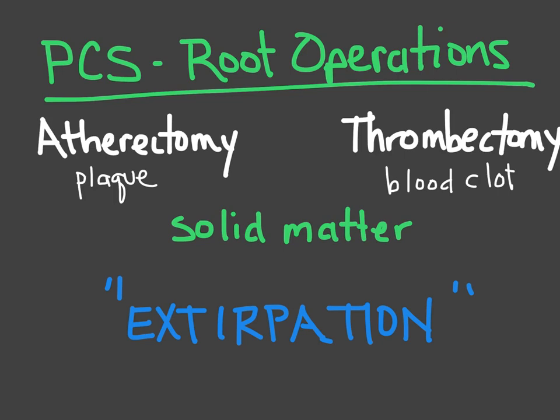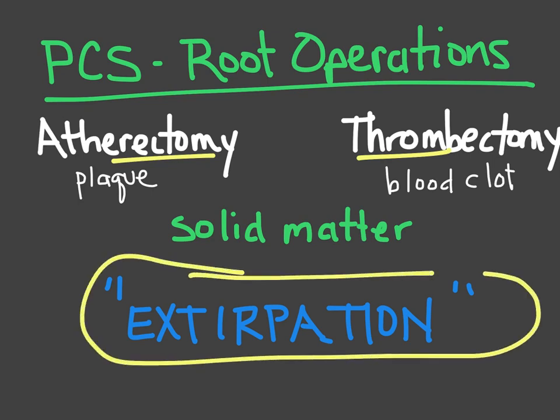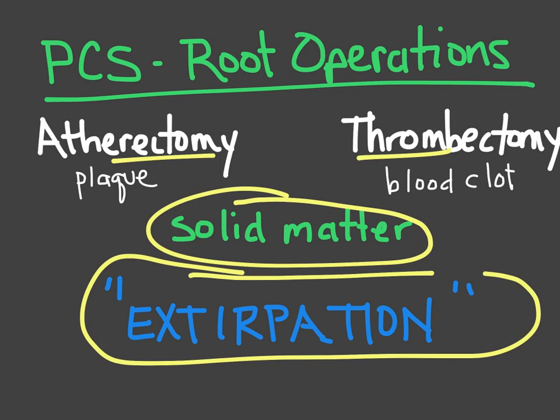Atherectomy procedures and thrombectomy procedures are coded to the root operation term of extirpation. So remember that we are removing solid matter from a body part. We've talked about this root operation term a few times this semester, but remember that extirpation is removing solid matter from a body part.